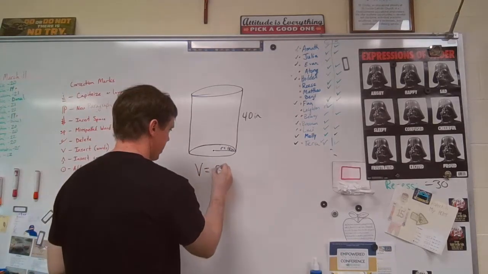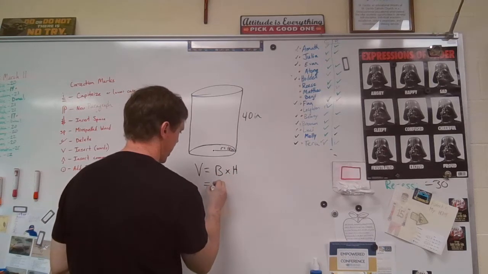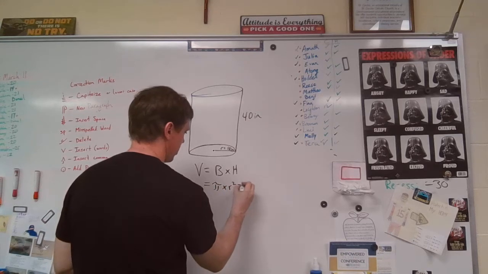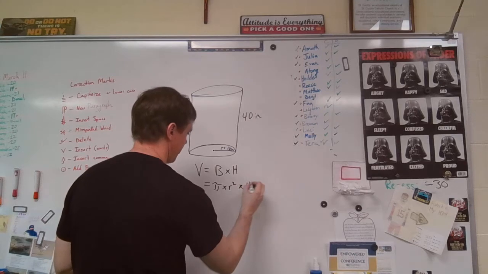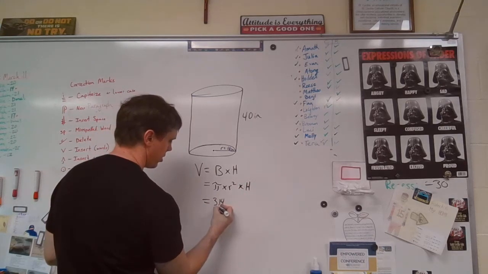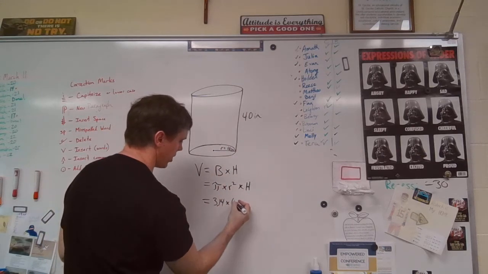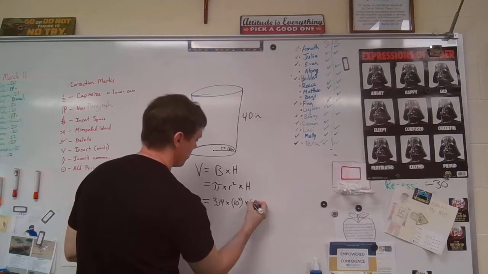So the volume equals the base times the height, which in this case means pi times our radius squared, times our height, which is going to be 3.14 times 10, and you guys already know, well, let's say 10 squared times 40.